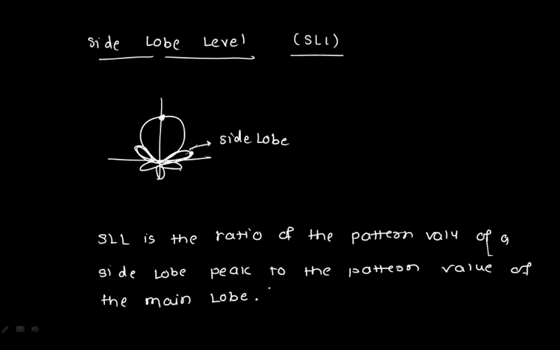Now, front to back ratio. How do we find out the front to back ratio? In this pattern I can show you: this is the front lobe and this will be the back lobe.